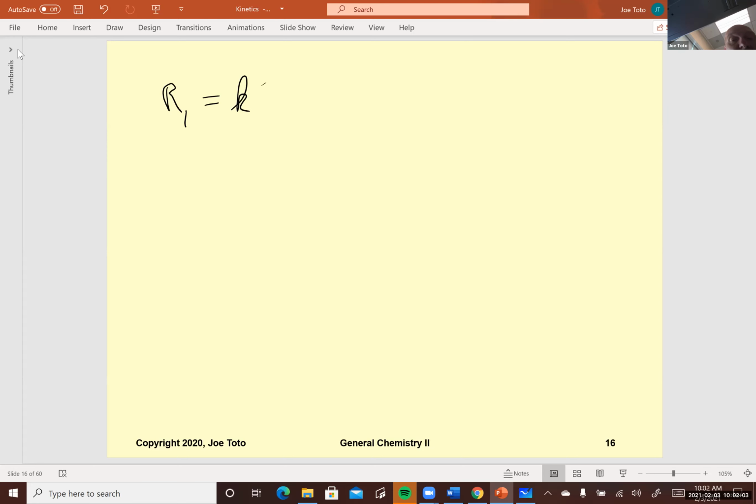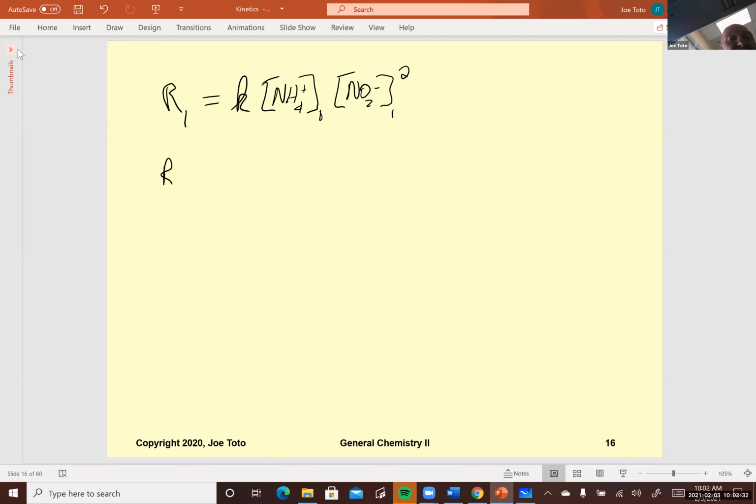And I have the concentration of ammonium in experiment 1, and I have the concentration of nitrite in experiment 1 to the 2nd power. Then I do this. Let's show how the math will predict what we found in that table.